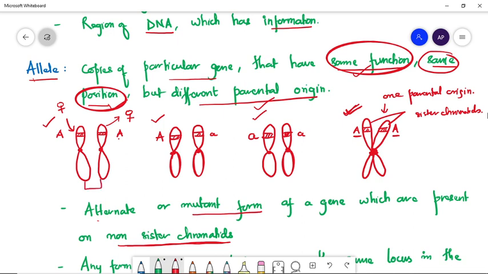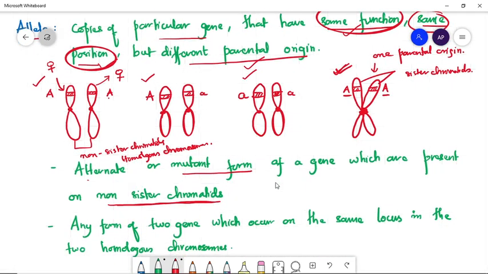These are non-sister chromatids. Or we can say they are homologous chromosomes. So we can also define an allele as any form of two genes which occur on the same locus in the two homologous chromosomes.